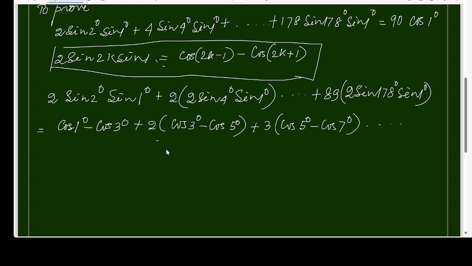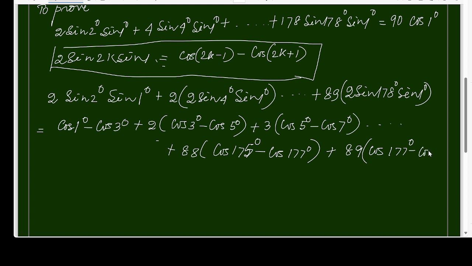So what will be the last but one? It will be 88 times cos 175 degree minus cos 177 degree, and the last term will be 89 times cos 177 degree minus cos 179 degree.